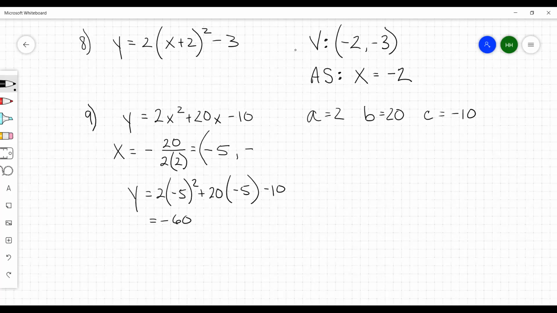All right, so your vertex is at negative 5, negative 60. Axis of symmetry, x equals negative 5.